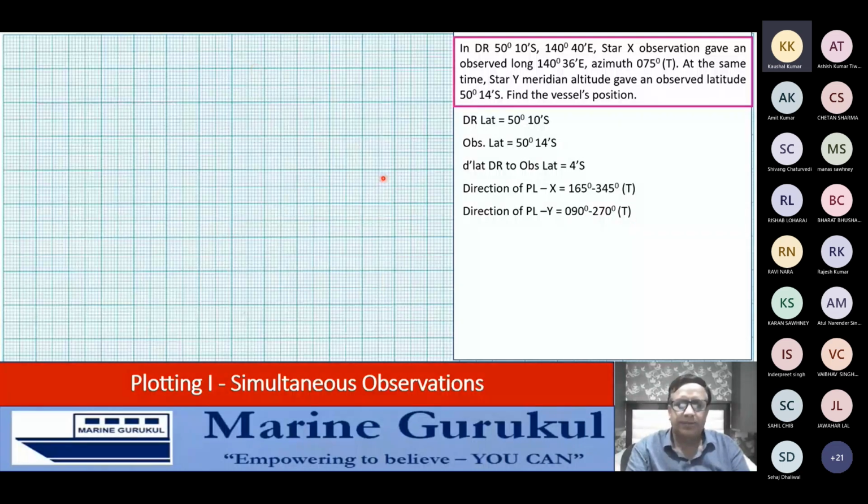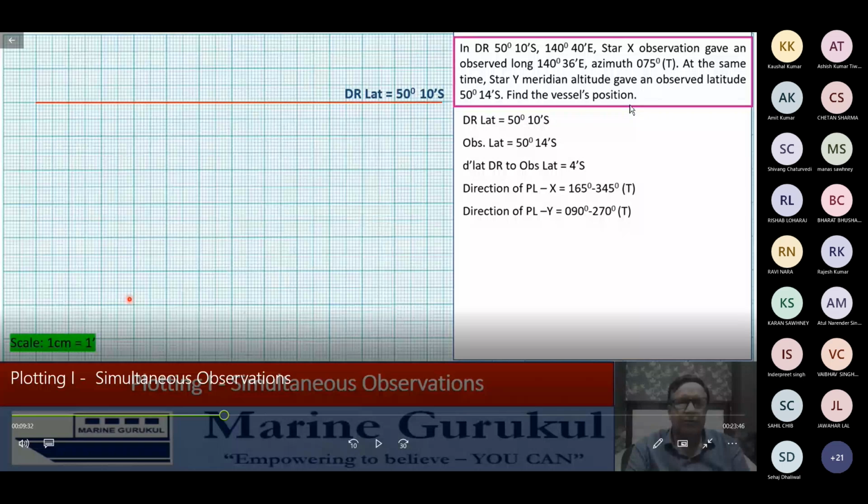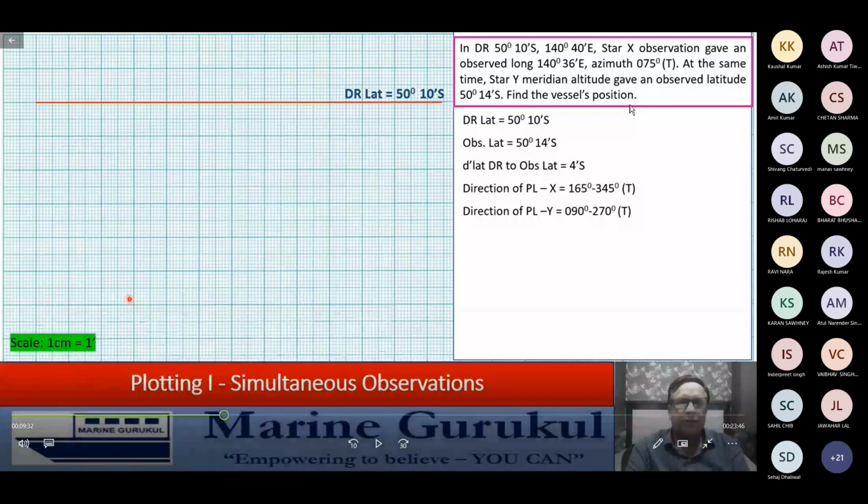Now we come on this side. We have this DR latitude parallel coming out here. Then we decide on the scale that we would like to use. Now, Beta, the first latitude which you have plotted on the sheet, any line can be taken as your DR lat 50 10 south.